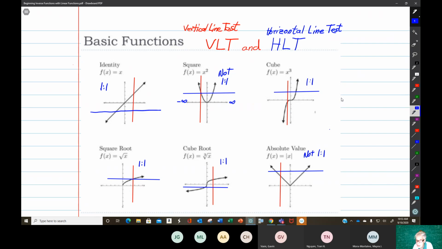What if I were to cut the domain and make it negative infinity to 0? Where this is the x-axis, here's 0, and here's the y-axis. And what if I were only going to use this part of the graph? I should have made it a different color. Let's use green. Then it would pass the horizontal line test.